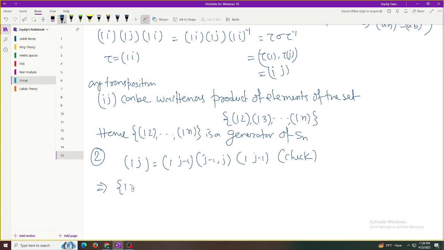(1 2), (2 3), ..., (n minus 1 n) is also a generator of Sn, because each sigma can be written as a product of this type of elements.